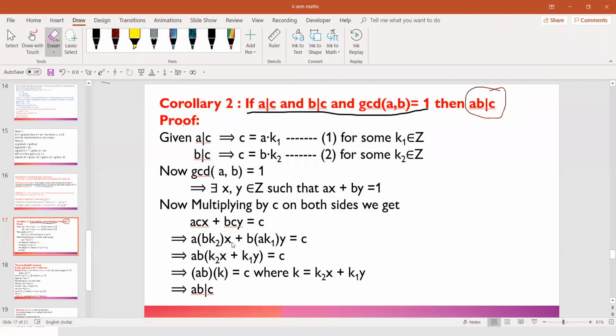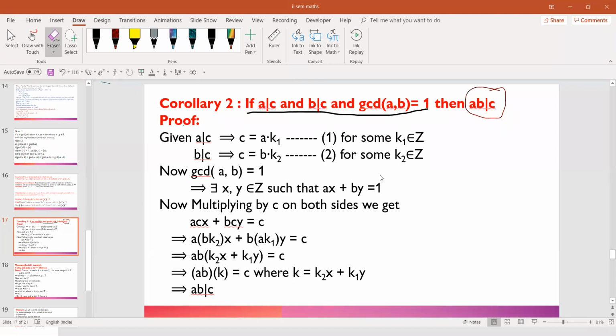This bracket is an integer or not? Answer me this. Is this bracket expression an integer or not? Look back and see what is K1. K1 belongs to Z, means K1 is an integer. What is K2? Look back here. K2 belongs to Z. It is an integer.